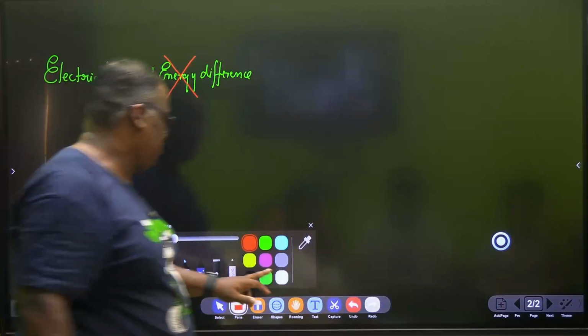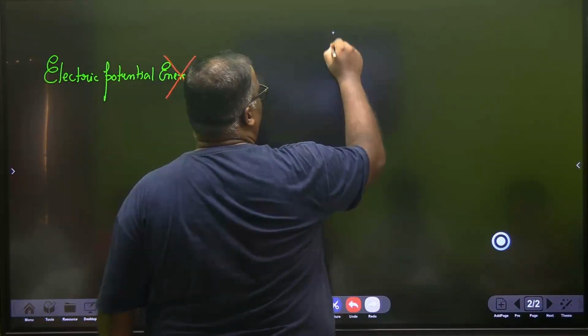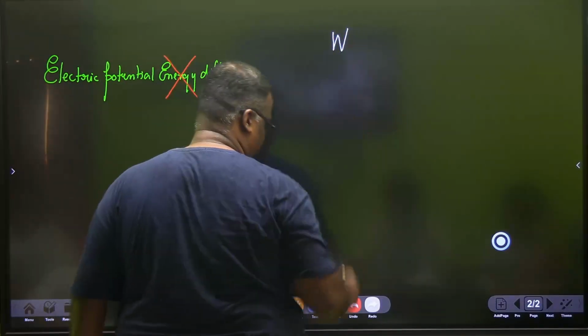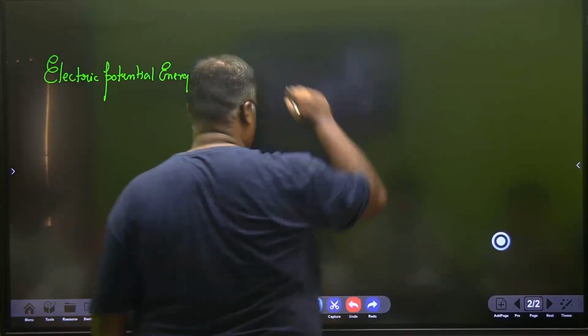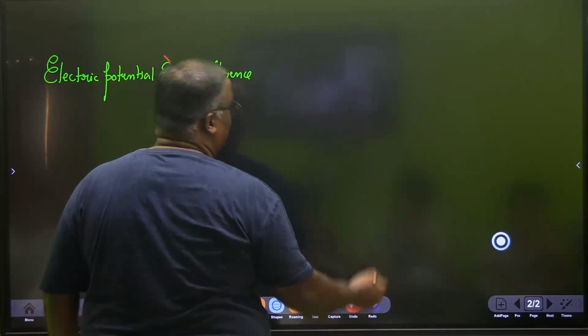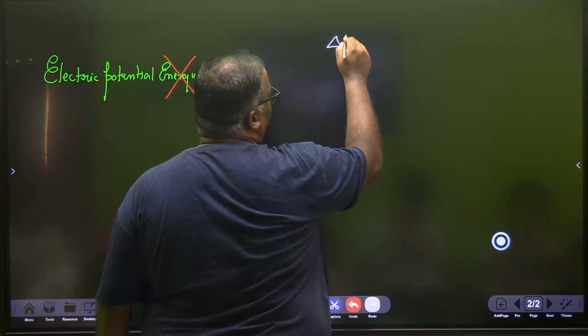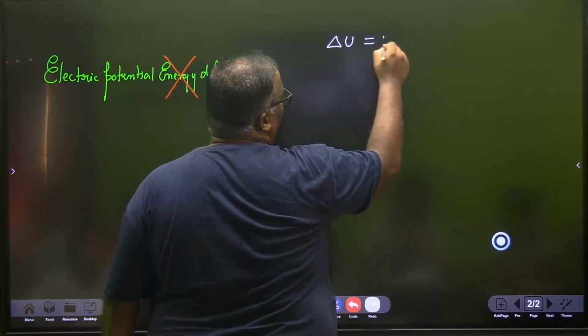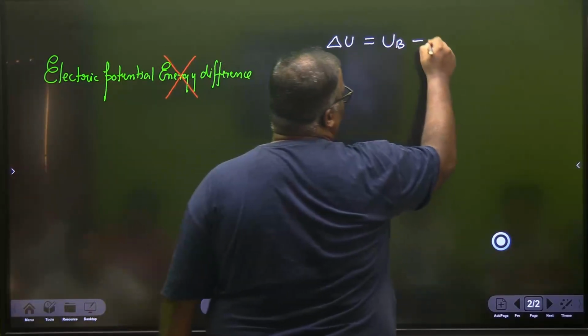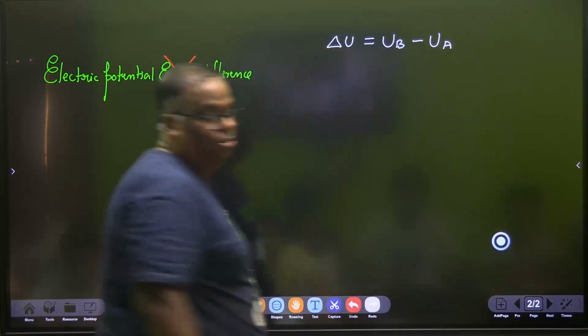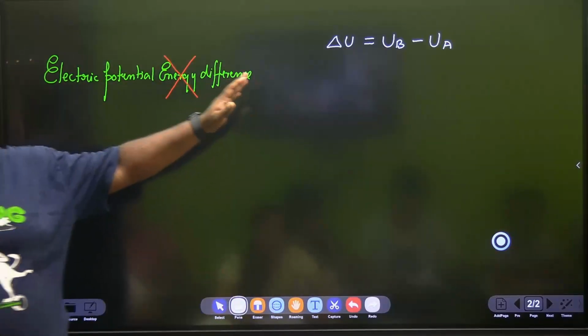What is electric potential energy difference? I'm going to say something, just observe what I'm saying. Electric potential energy difference delta U is said to be the difference of energy between 2 points, UB minus UA. Don't write, just understand.